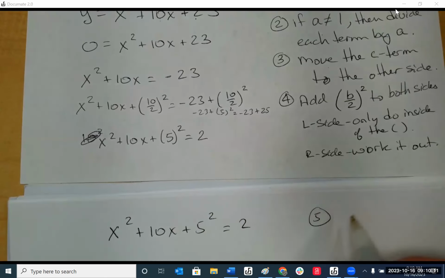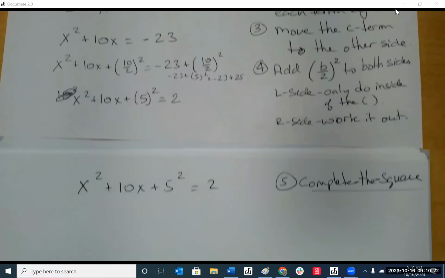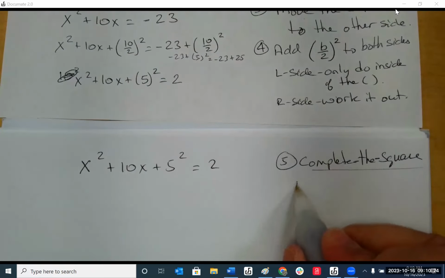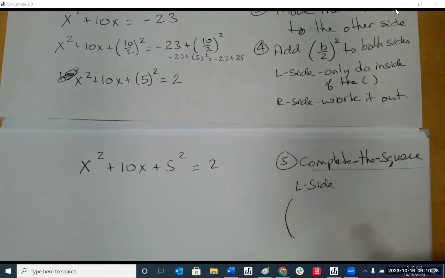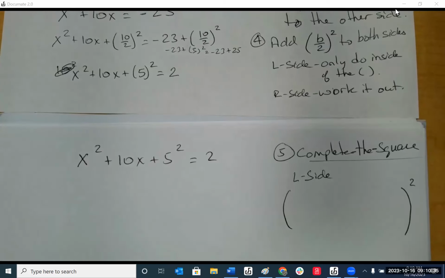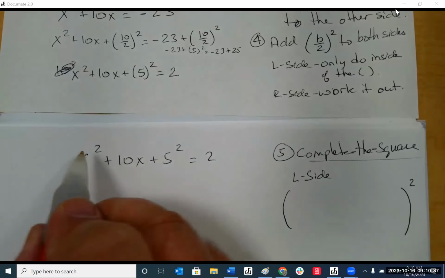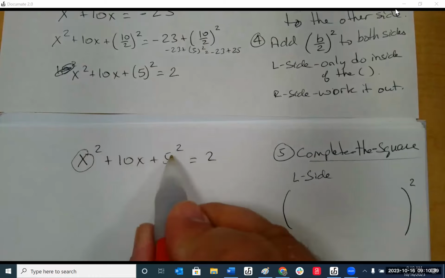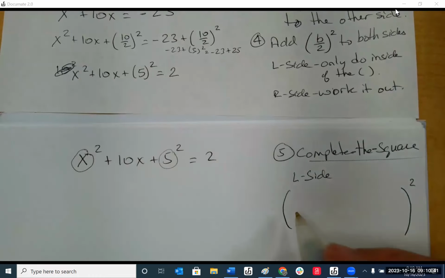Step 5. This is where you complete the square. On the left side, inside a parentheses raised to the power 2, put whatever's under the squared.